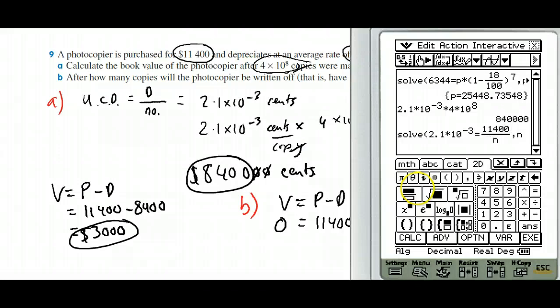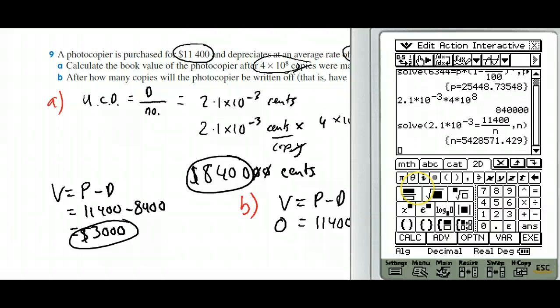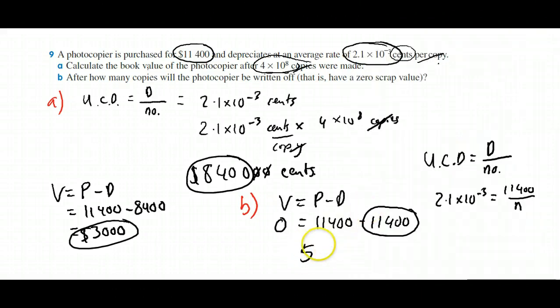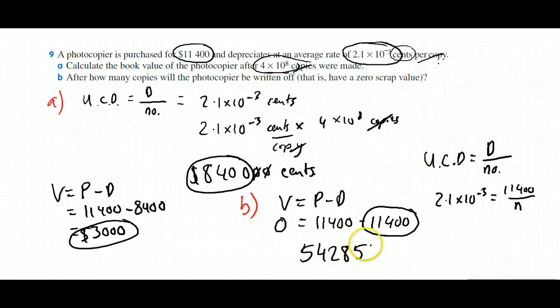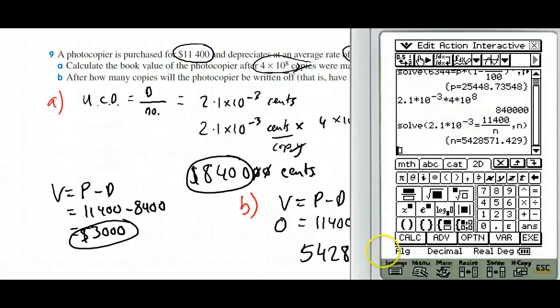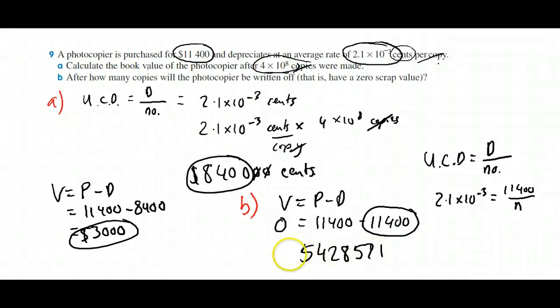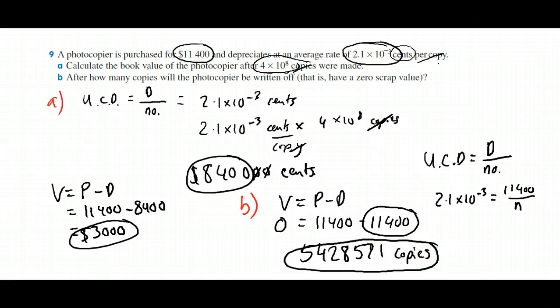We're solving for N, and we get N equals, whoa, huge number. So we've got 5,428,571 copies. That is the number of copies that get made in order to reduce the machine down to a value of 0.